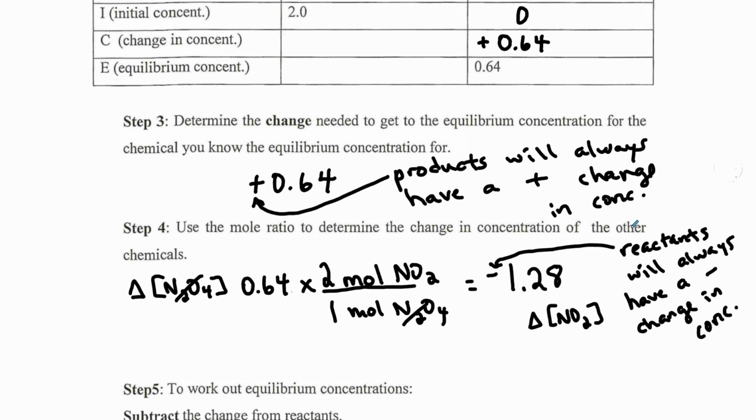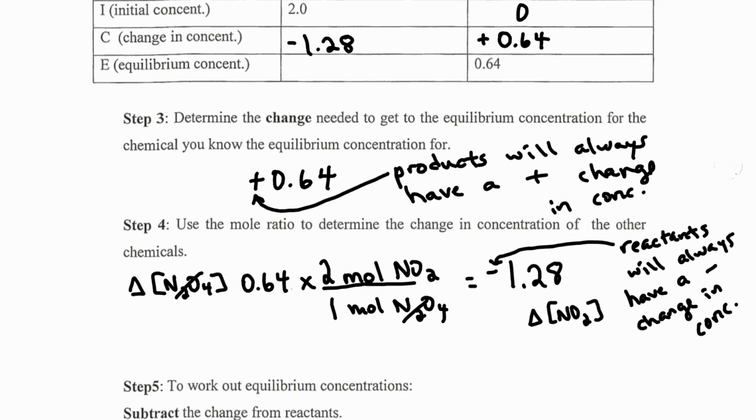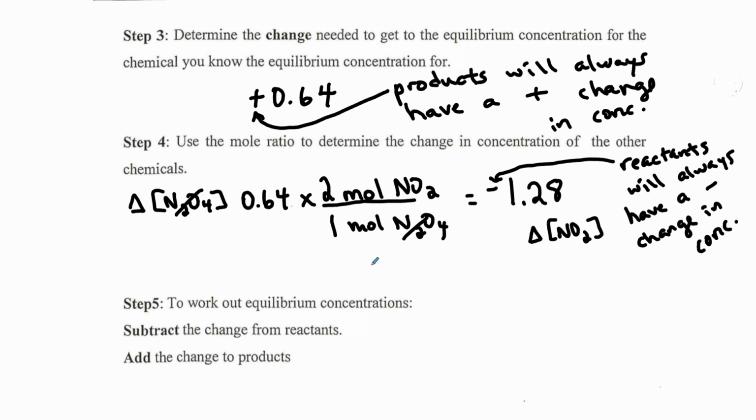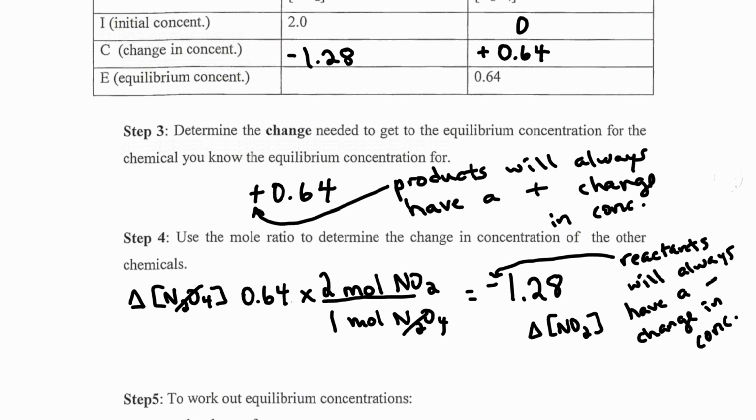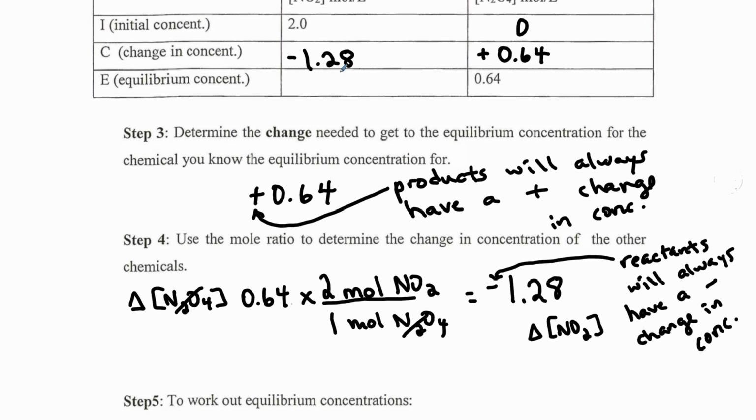Okay, so now that I know this, I'm going to fill that negative 1.28 into my ICE table. Okay, so I'm just kind of adding to this ICE table as I go. So step 5 is to work out the equilibrium concentration. So there is only one equilibrium concentration I need to work out, and that's this one here.